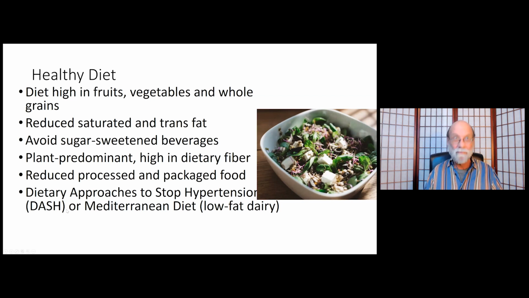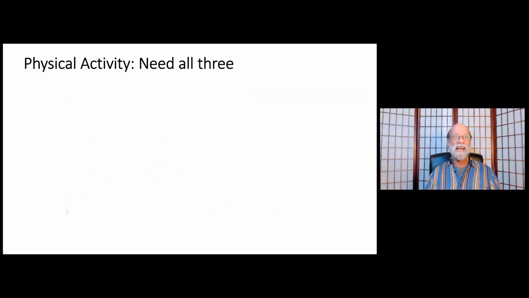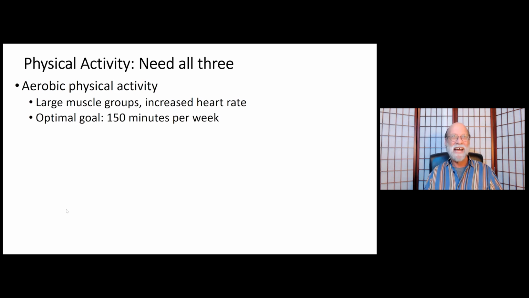In terms of physical activity, what I want to let you know here is that it's not enough to just engage in aerobic physical activity. And of course, aerobic physical activity is large muscles being moved repetitively so that our heart rate increases.